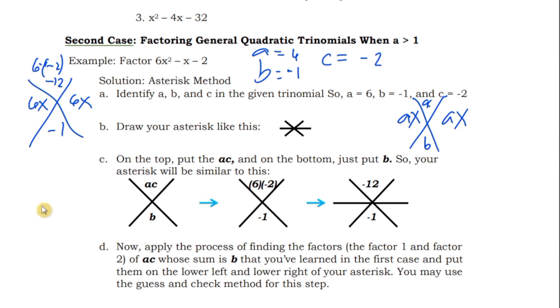We are going to get the factors of negative 12 wherein the sum must be negative 1. We get the factors of negative 12 wherein, as we add them, we come up with negative 1 as the result.